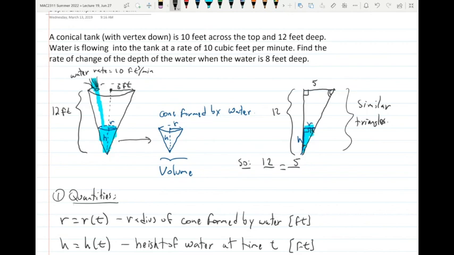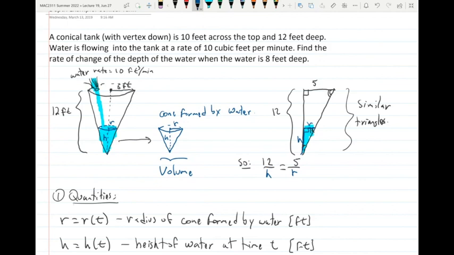So what's opposite to this? It's h right here. Okay. So 12 corresponds to h. Those are corresponding sides. So 12 over h equals, so 5 is opposite to this middle angle right here. So r is the corresponding side. You understand this? So 12 over h is the same thing as 5 over r.